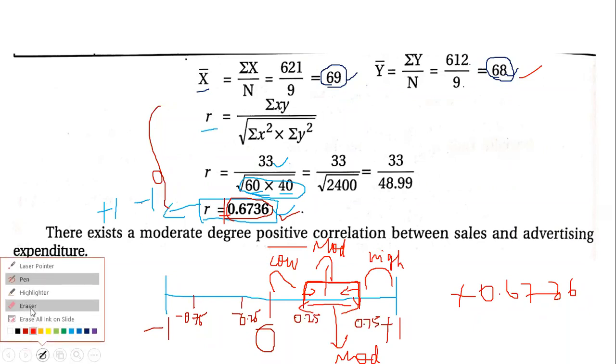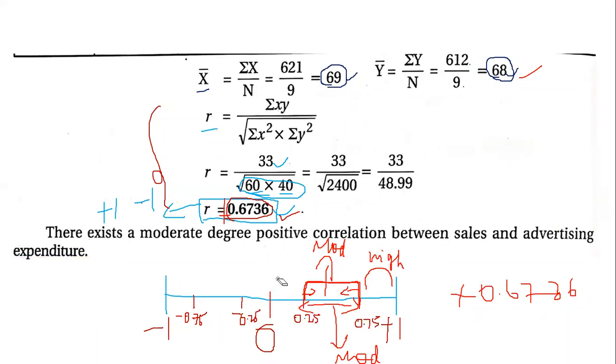Understood? Understood how to do the analysis? This analysis is very important because if you don't analyze, the answer is not complete. The answer only gets completed for correlation once you do the analysis. Okay, so we have moderate degree positive correlation.